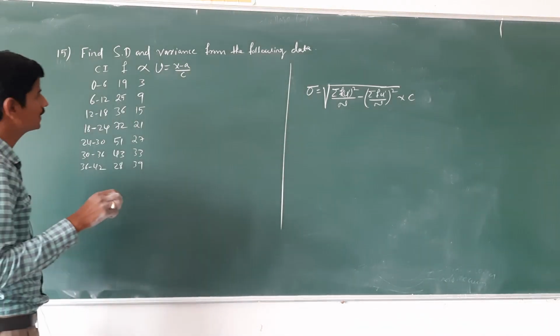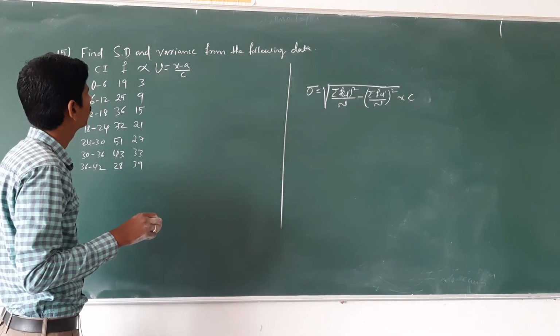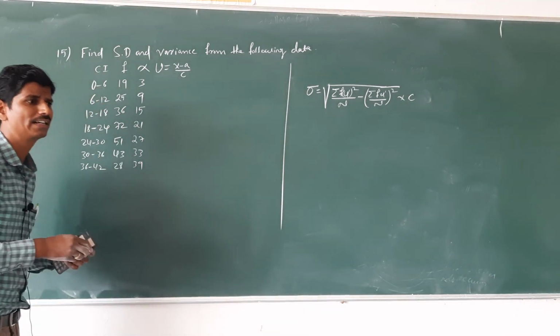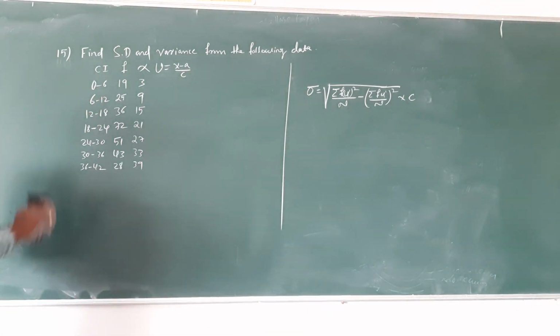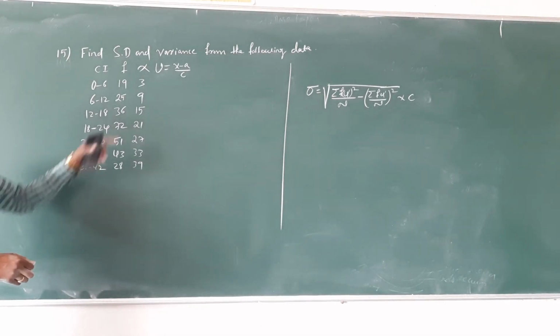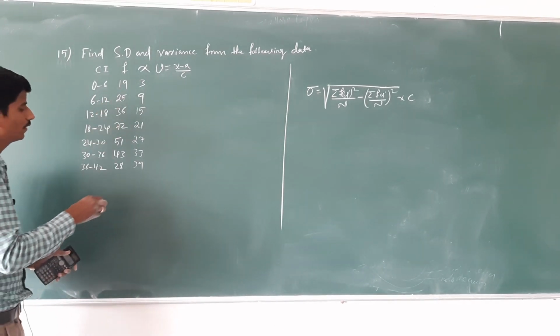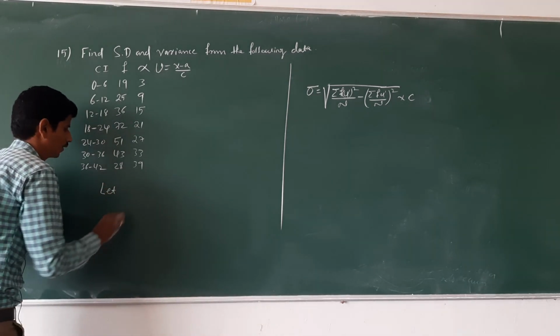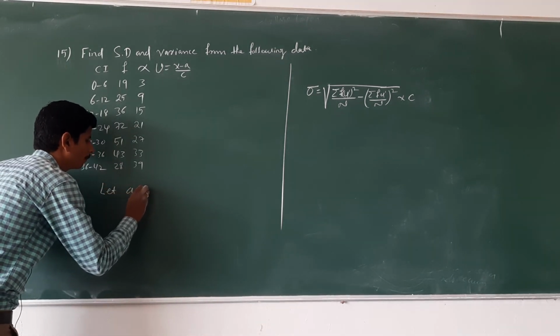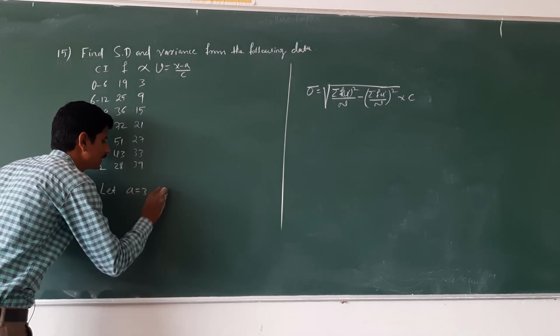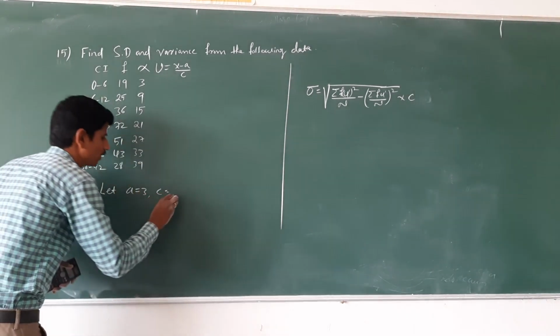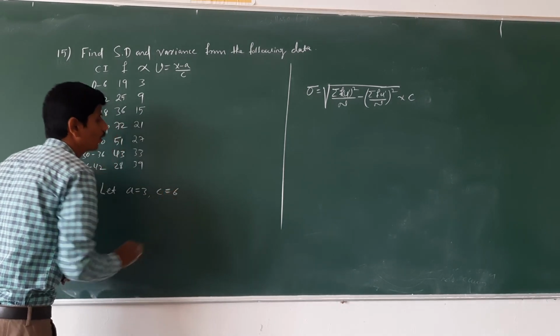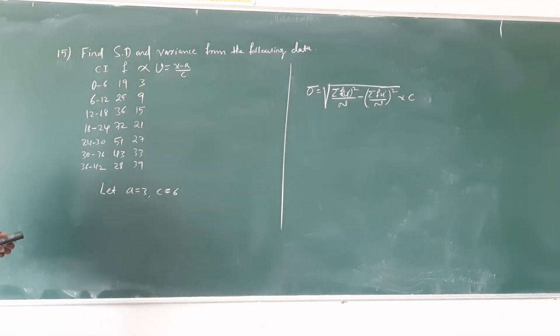Here what is a? A is the assumed value. We have to choose any value from x. We take 3. Let a equal to 3 and c equal to the width of the class interval, which is 6. Here u equal to (x minus a) by c.